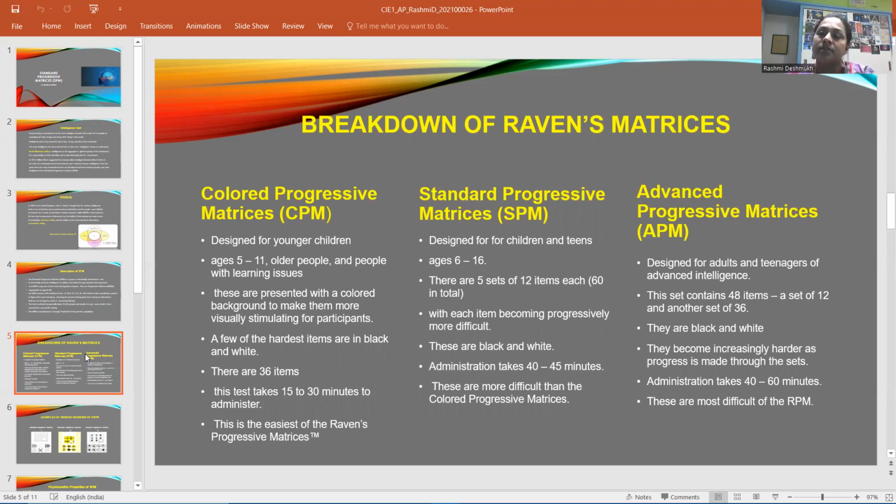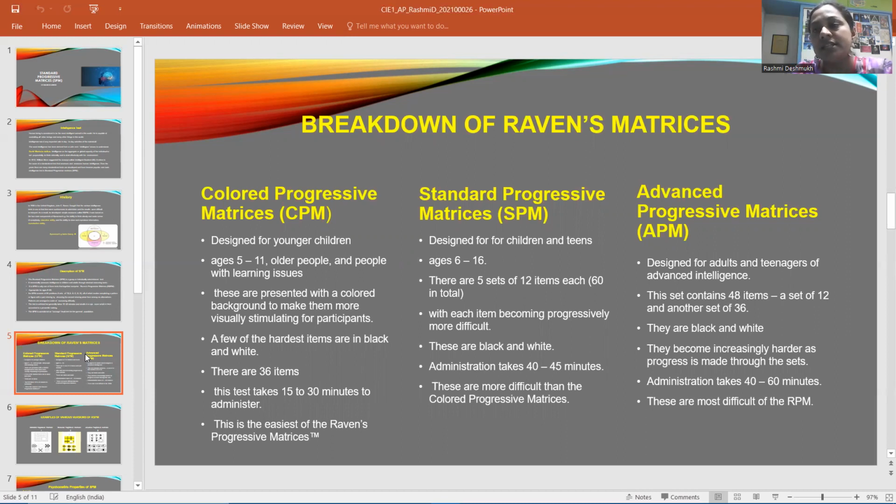The items in this test are in color so that they are visually stimulating for the participant. There are altogether 36 items. The difficulty level is a little less, and it takes 15 to 30 minutes to administer this test.